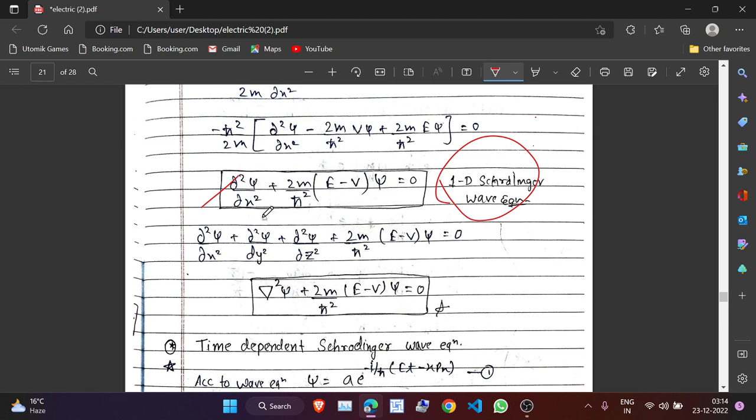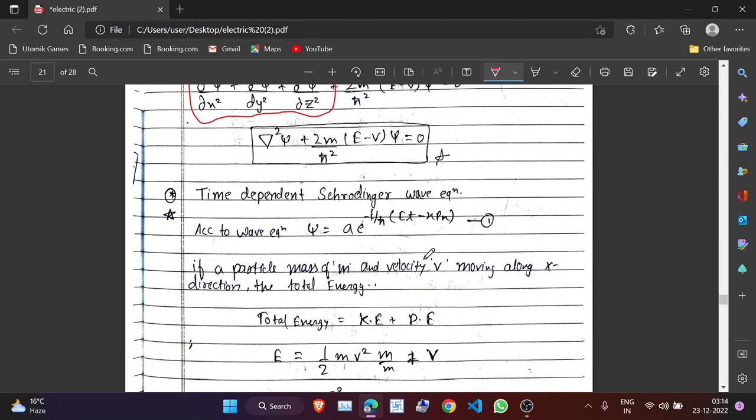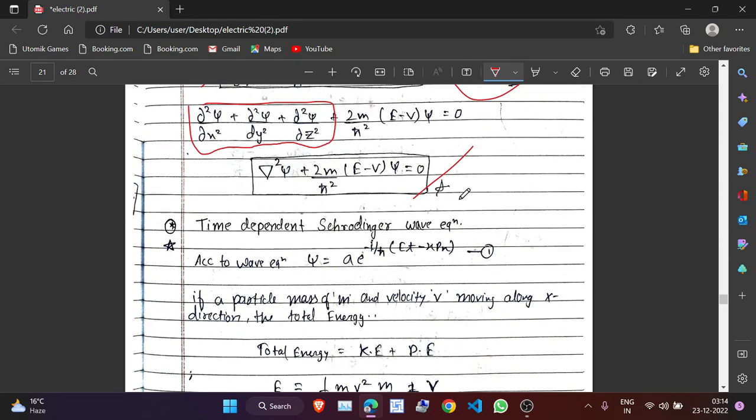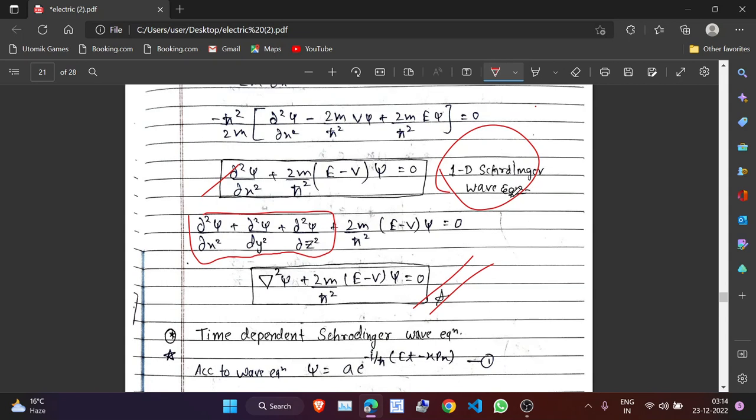In three dimensions, d square psi upon dx square becomes d square psi upon dx square plus d square psi upon dy square plus d square psi upon dz square, plus 2m upon h bar square (E minus V) psi equal to 0. We can write this as operator square psi plus 2m upon h bar square (E minus V) psi equal to 0. So this is the time independent Schrodinger wave equation.